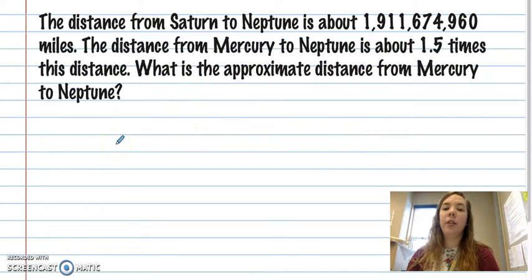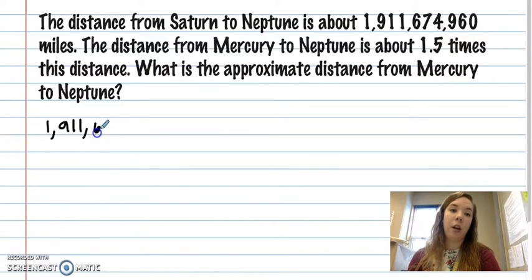The distance from Saturn to Neptune is about 1,911,674,960 miles. The distance from Mercury to Neptune is about 1.5 times this distance. What is an approximate distance from Mercury to Neptune? So the first thing I'm going to do is take the number they gave me and round it, like we were doing on that first slide.